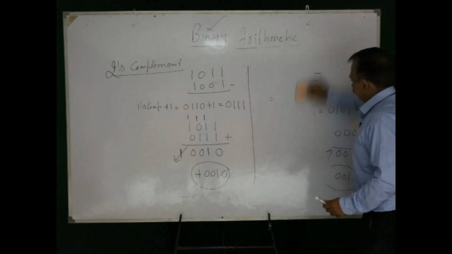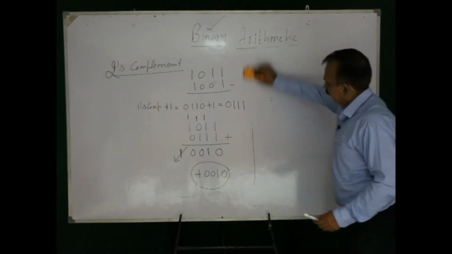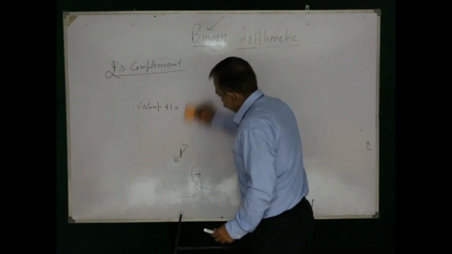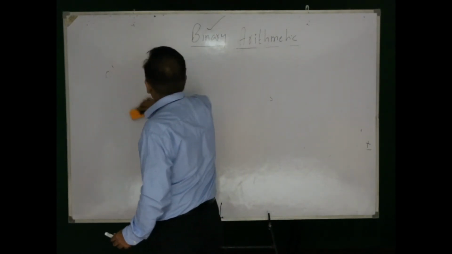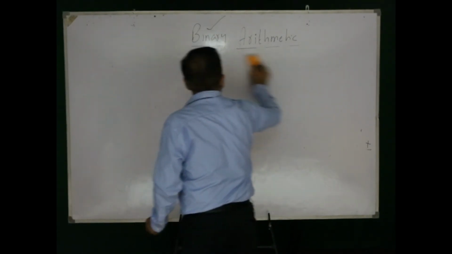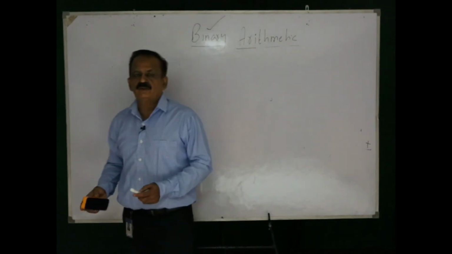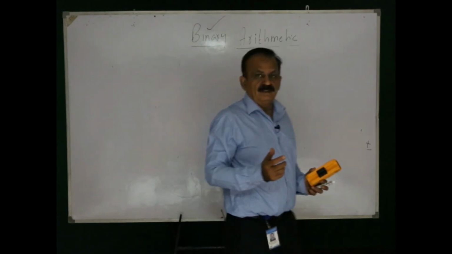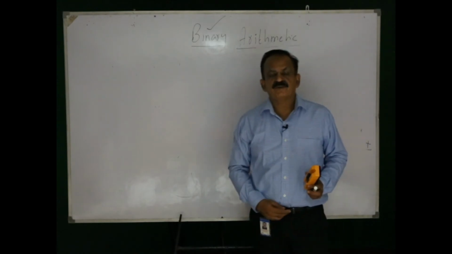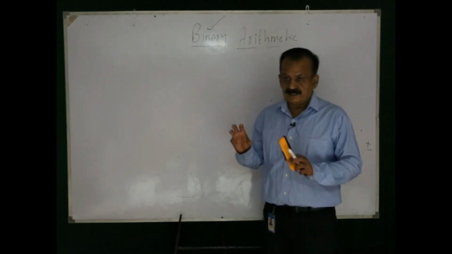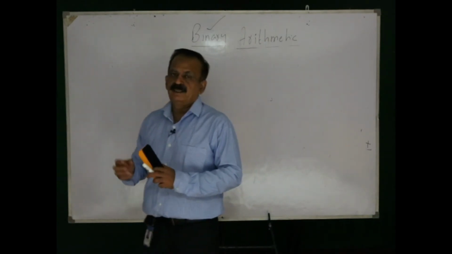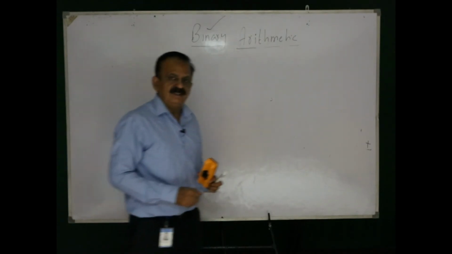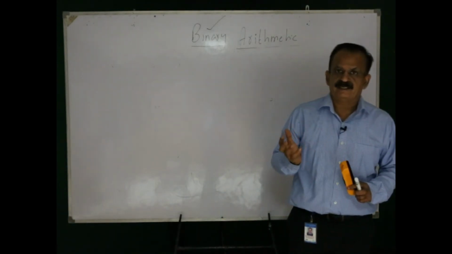subtraction. Now the question is, we are doing addition directly, we can do subtraction directly, then why do we use this 1's and 2's complement method? This is a very important question to be cleared. The point is, within the computer, these additions and subtractions are performed with the help of circuits. Circuits are implemented which perform addition and subtraction, and the circuit implementation of addition is easier as compared to that of a subtractor.